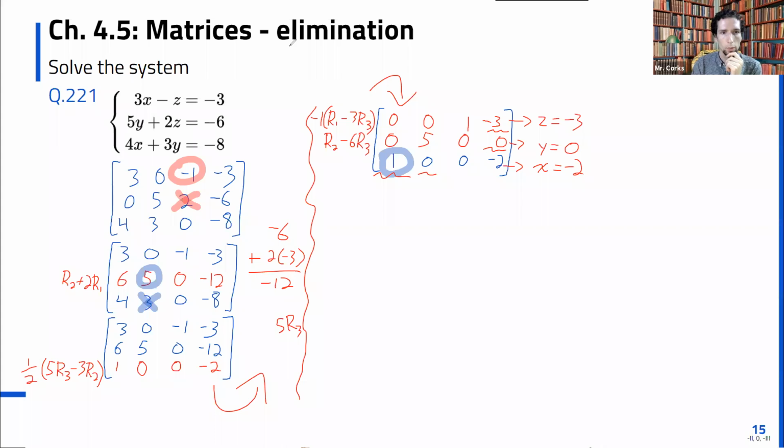If we had that kind of result where we had a matrix where one of the rows was 0, 0, 0, 0, what would that mean in terms of the solution?